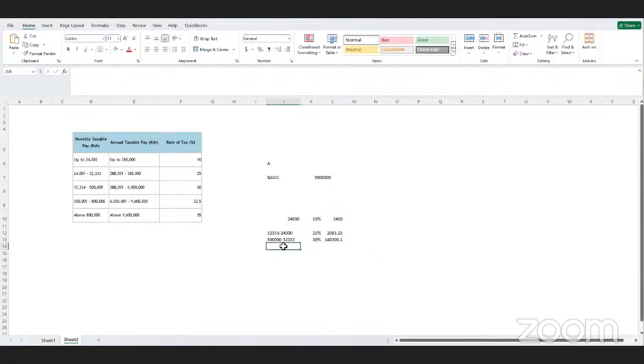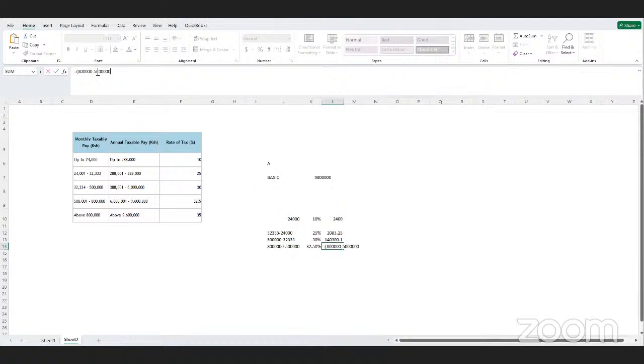And then we go to the scale of 500,000 to 800,000. The difference here, you will multiply by 32.5%. Open the bracket: 800,000, let's count the zeros, minus 500,000.